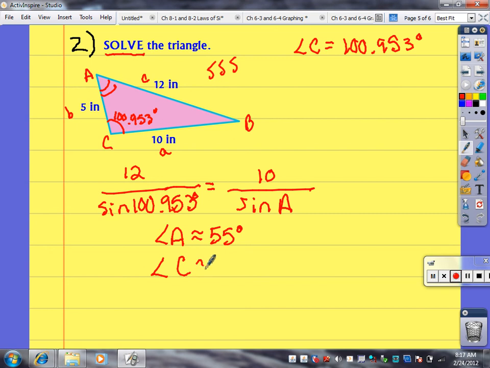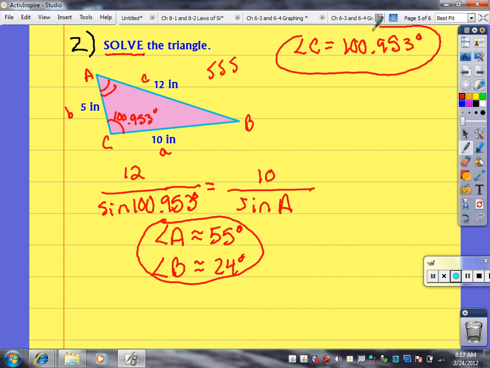Oh, that's not C, that's B. And I'm not going to do it while we are here recording. So this one is approximately 24 degrees. So you'll have to figure out exactly what those are because I didn't do it ahead of time. And so here we go. We have solved it. We have all the sides, we have all the angles.